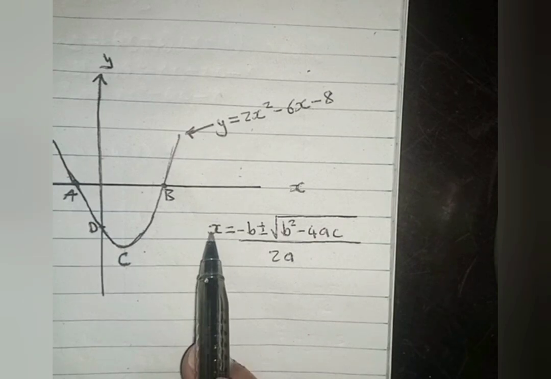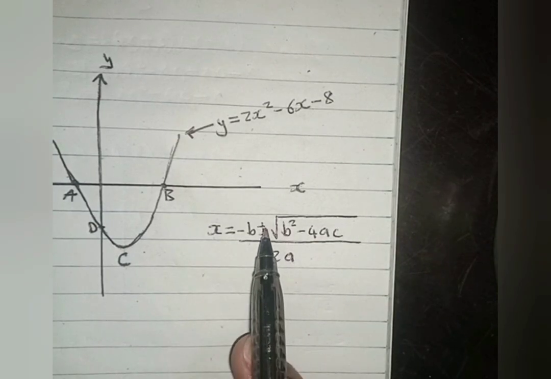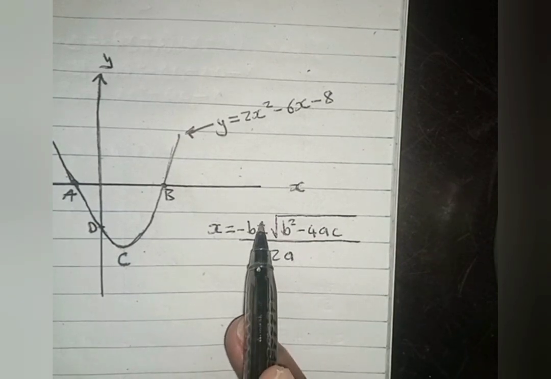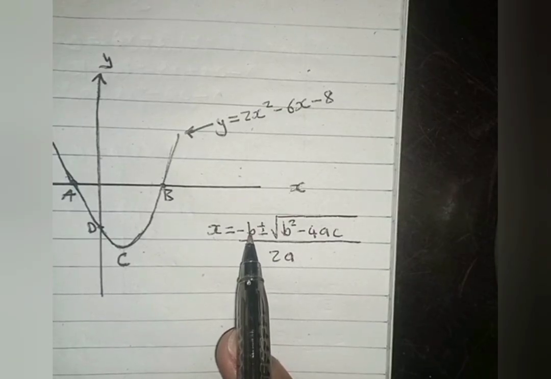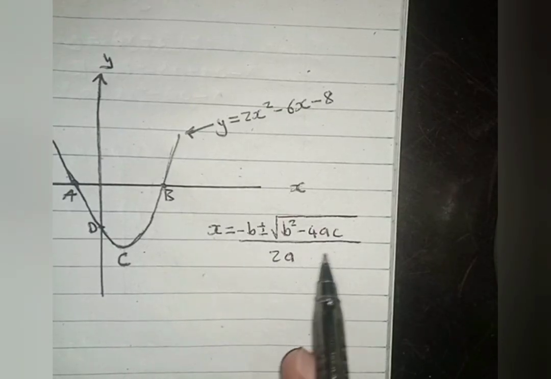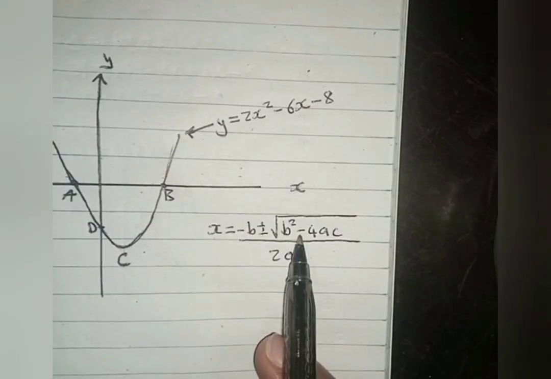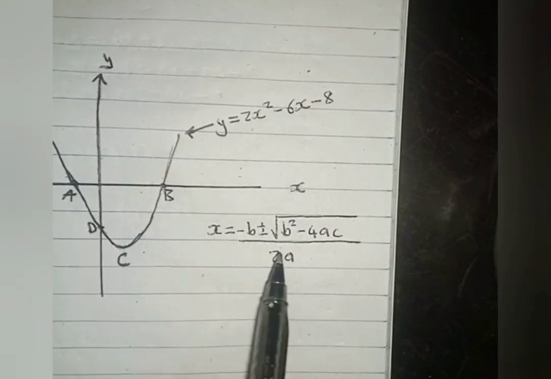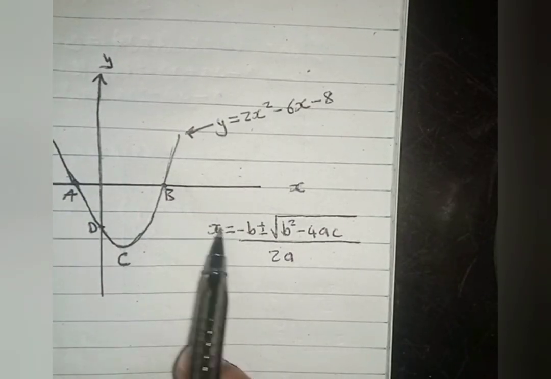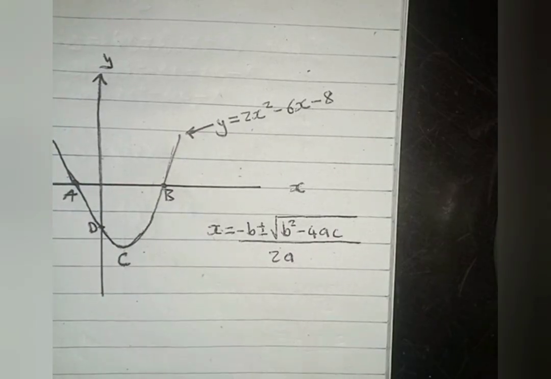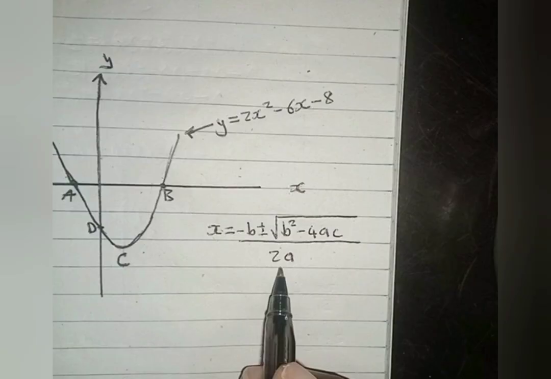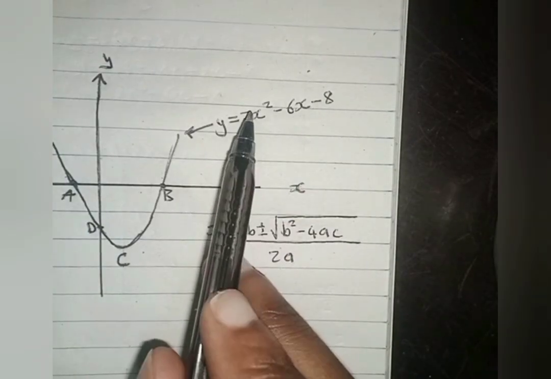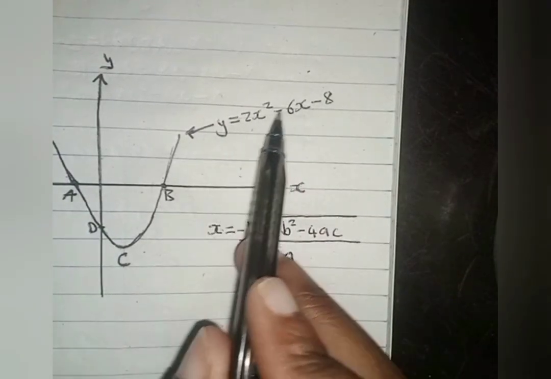So notice that this formula has two operations. There is plus or minus. So it means that we are going to have two values of x when we use this formula. So let us find the values of x at point A and point B. To use this formula, we are going to get the coefficients from this equation.